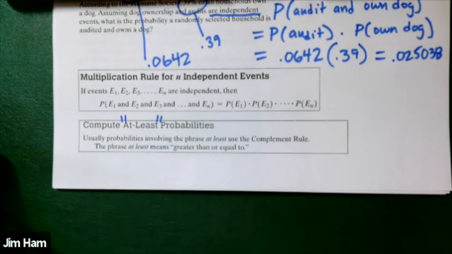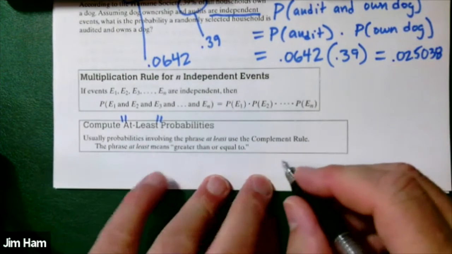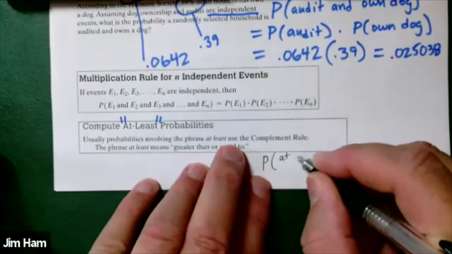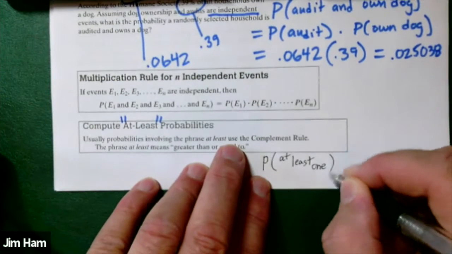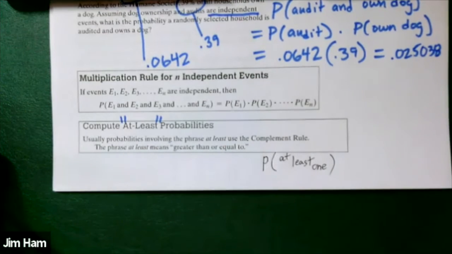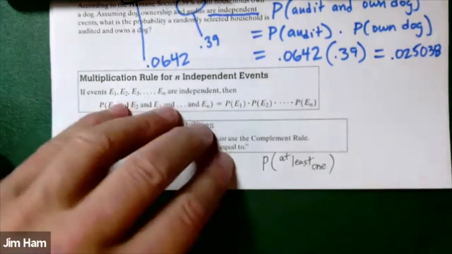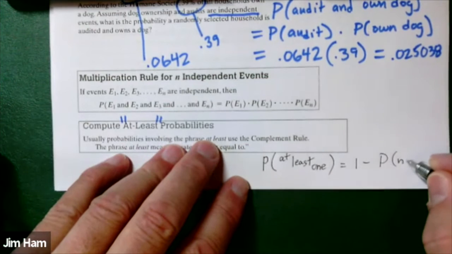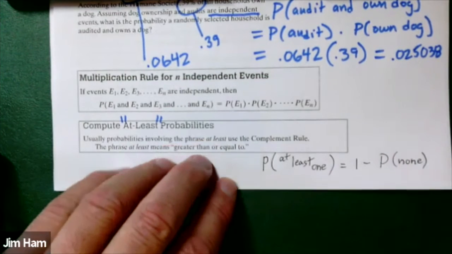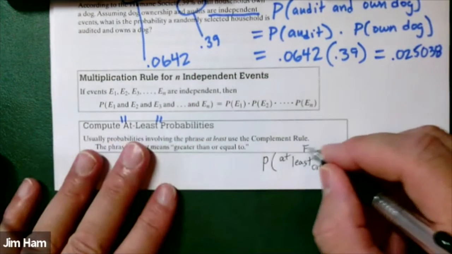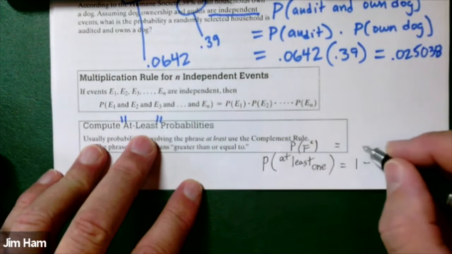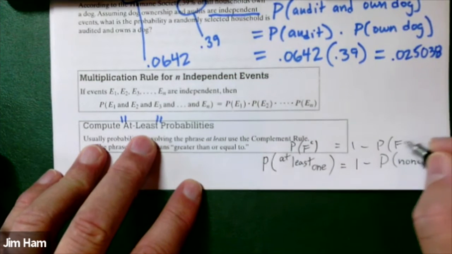So basically what this is saying here is that the probability of at least 1, and we'll do some problems where this actually is going to be used, is equal to 1 minus the probability of none. And this is the complement rule. The probability of F complement is equal to 1 minus the probability of F.